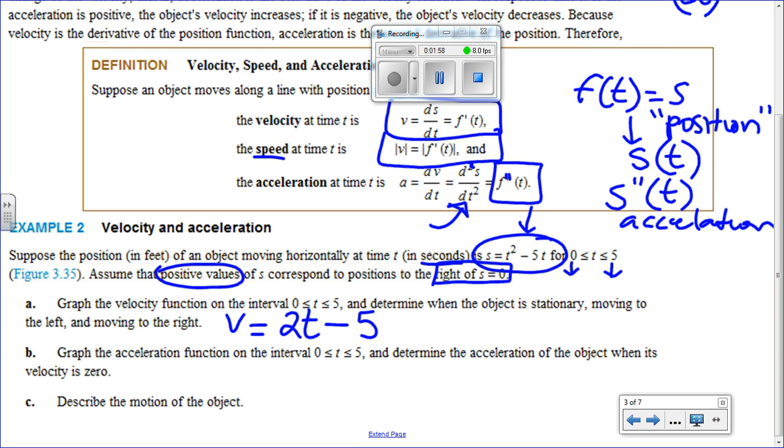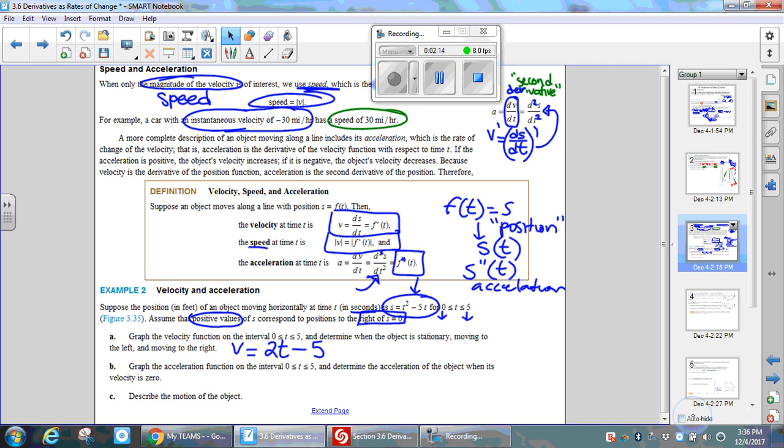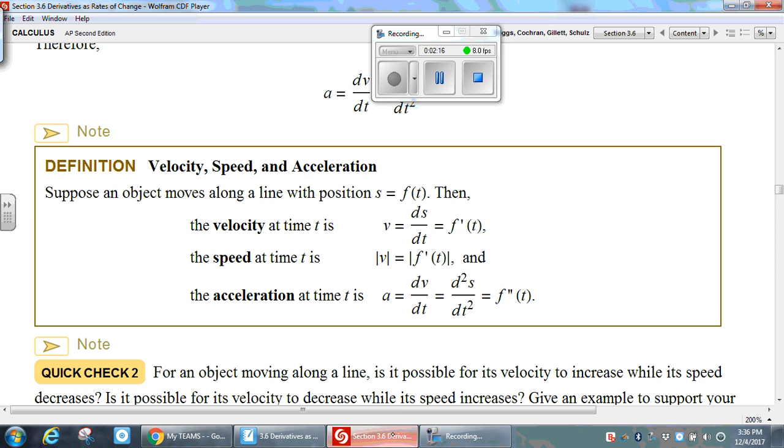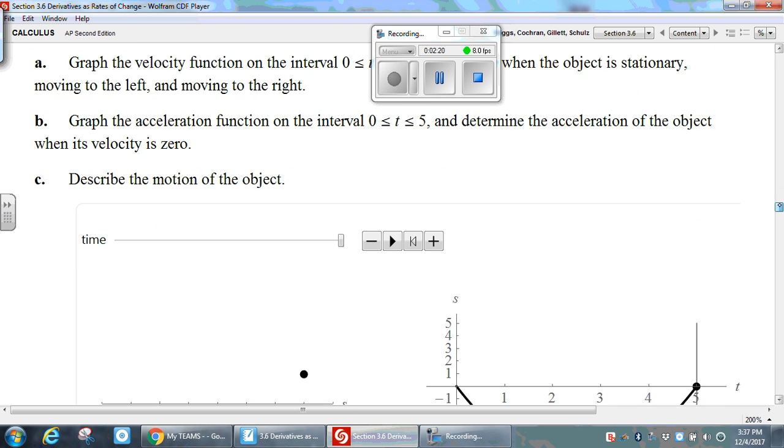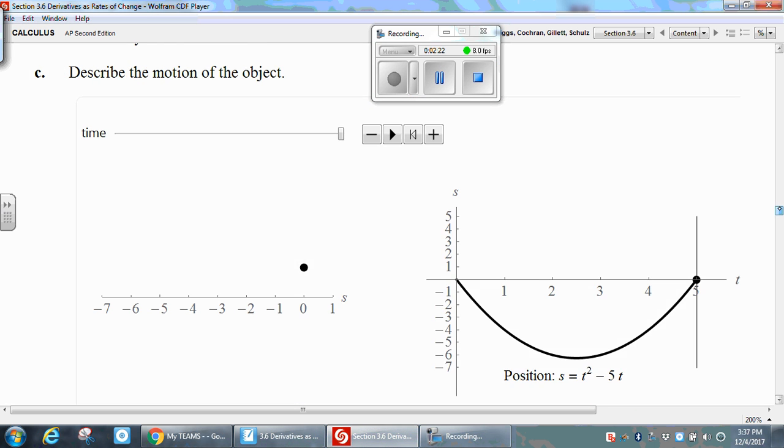Yes, I promise. Okay, so now graph the velocity function on the interval and determine when the object is stationary, moving to the left and moving to the right. So let's see. The object.